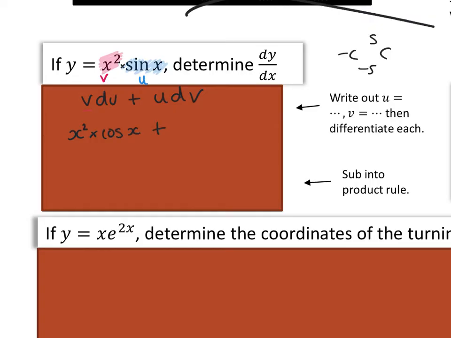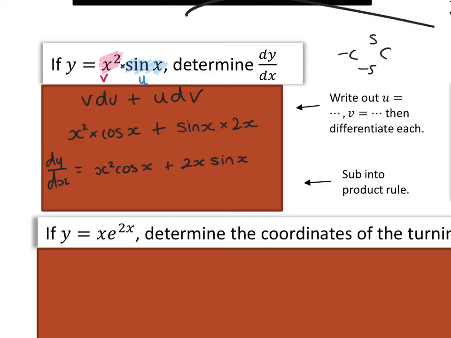Plus, what's our u? Sine x multiplied by the differential of v, 2x. I'm going to simplify, sort this out so it makes it look good, yeah? I'm going to write dy by dx equals x squared cos x plus 2x sine x. Okay?